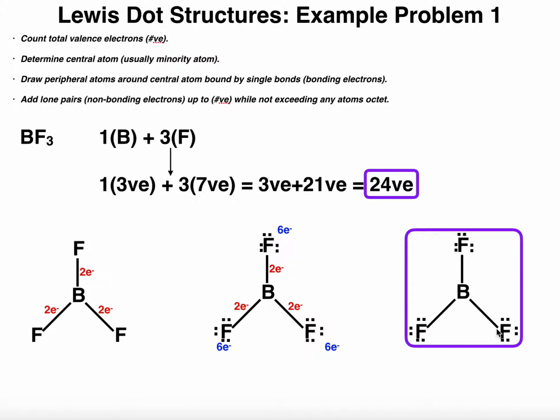So that's the first thing that I wanted to mention about this example. The second thing is, let's suppose I had a weird case where maybe I counted 26 electrons. That wouldn't be the case for this compound, but if you're adding up all the non-bonding electrons and you haven't hit your total yet, meaning you have to add more, there's a 5th step where you'll add the remaining electrons, usually onto the central atom.